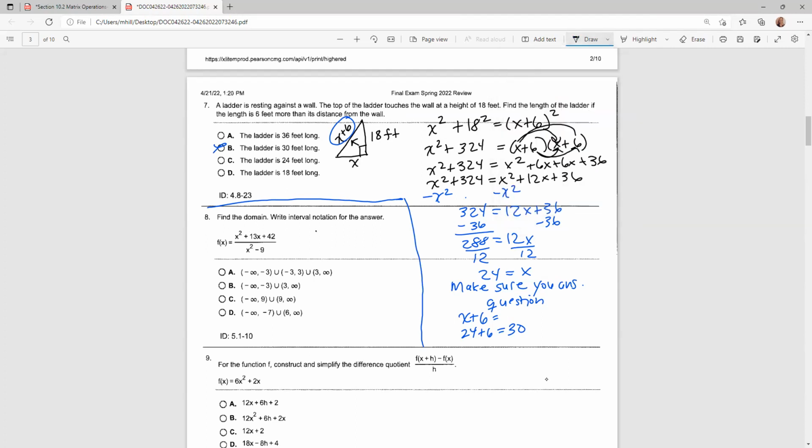On number 8, we know that there's a problem in the domain when x squared minus 9 is equal to 0. You can use your poly root finder to do this if you want to, but just using algebra makes this problem pretty easy to solve. Your calculator will tell you this answer if you use your apps, but it's plus or minus 3.